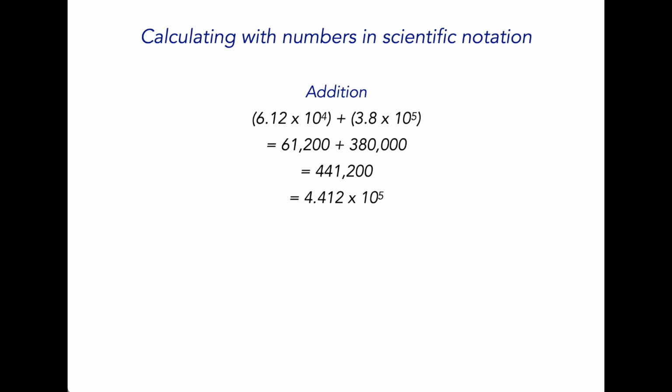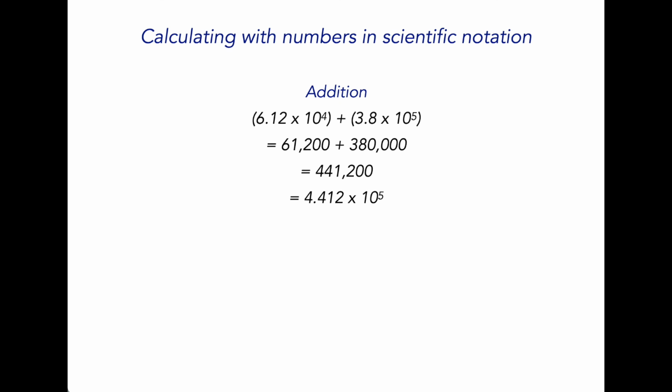Now let's look at what you do if you're asked to add 2 numbers in scientific notation. Well, first of all, you convert the scientific notations to ordinary numbers, as I showed you before. So 6.12 times 10 to the power of 4 is 61,200, and 3.8 times 10 to the power of 5 is 380,000.